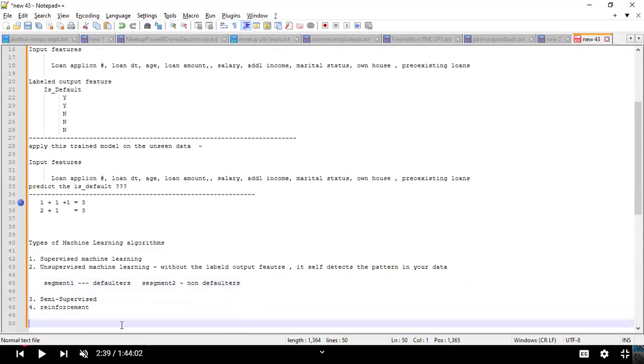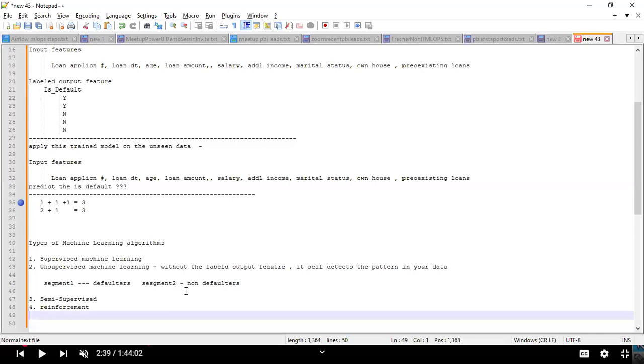So if you don't have the labeled output feature, we resort to unsupervised machine learning algorithms. It automatically detects the pattern in the data, and then it creates some segments or groups or clusters. Clusters are nothing but groups.